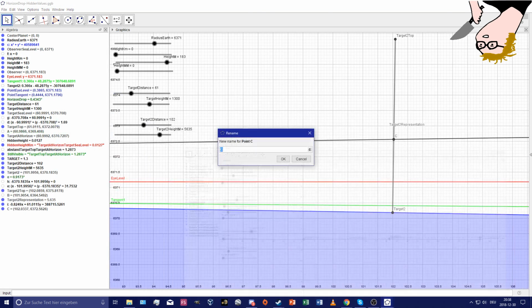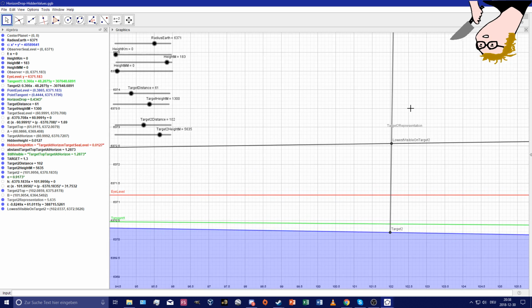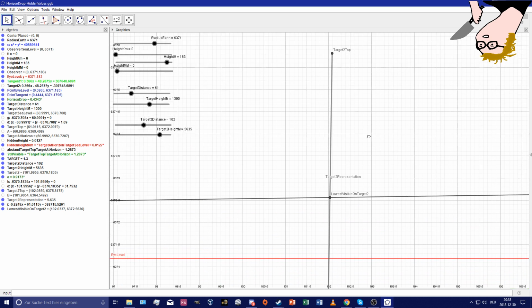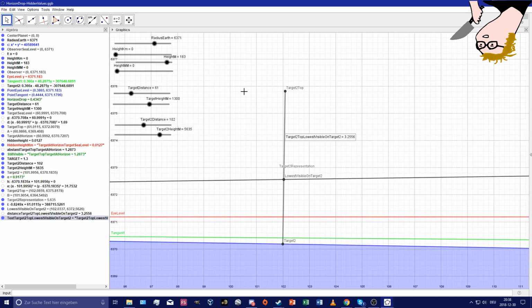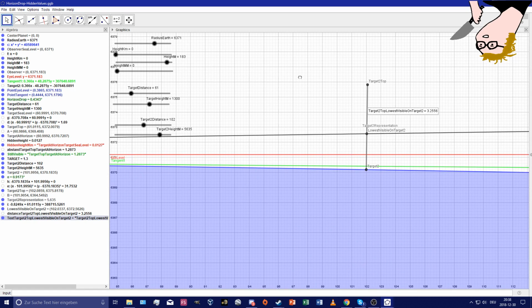Lowest visible on target, okay. And the last remaining thing to do is to check the distance from here to here. And that should be it. So let's try this out.